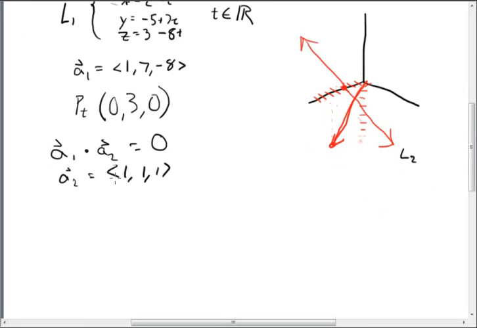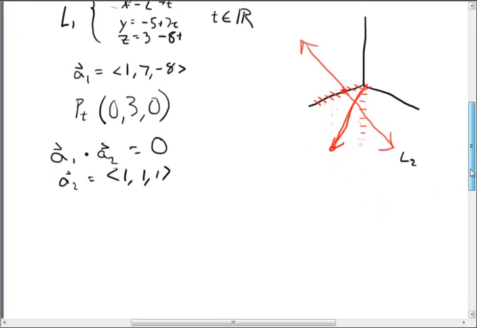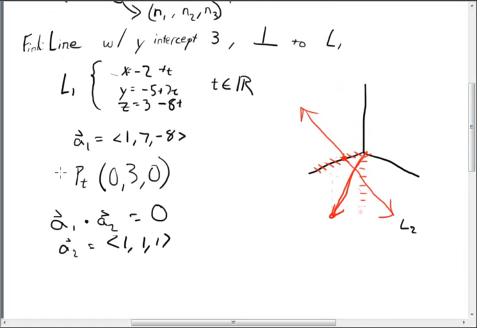Now that we have this other vector and we have the point here, we can define an equation of the line. So L2 is going to be 3 equations. x is equal to t, y is equal to 3 plus t, and z is equal to t, where t is an element of the reals.